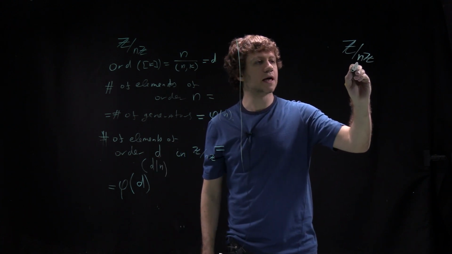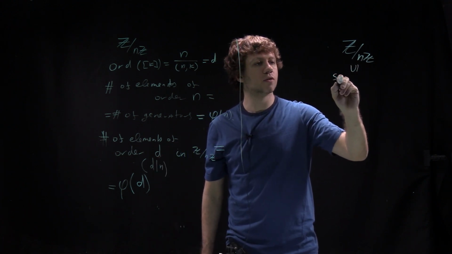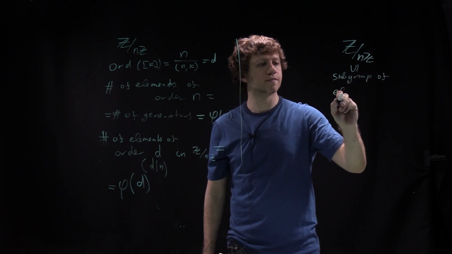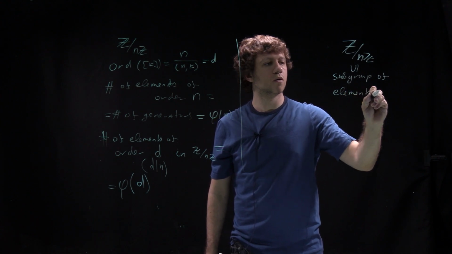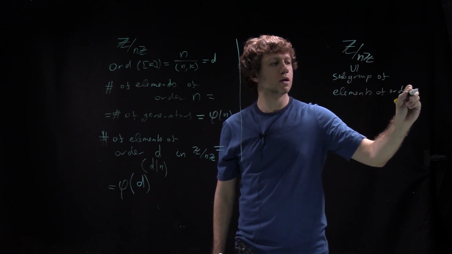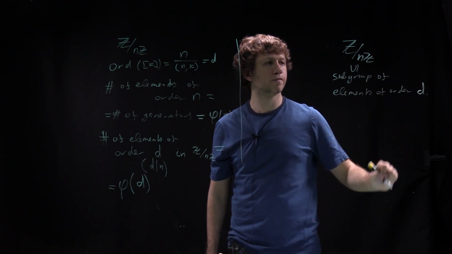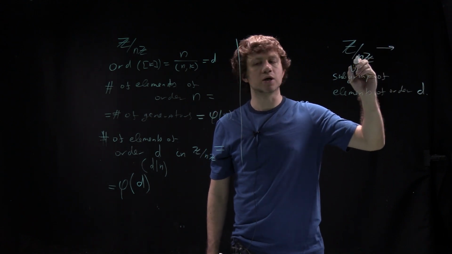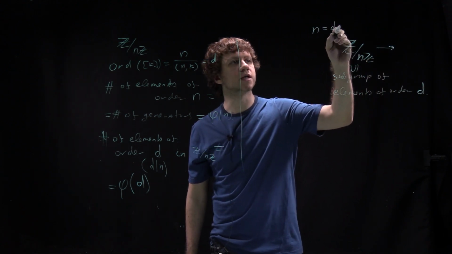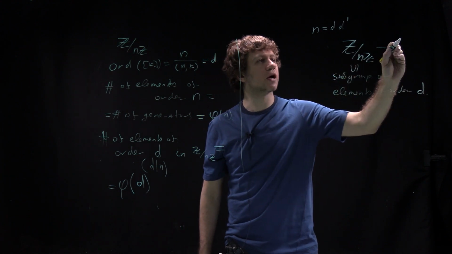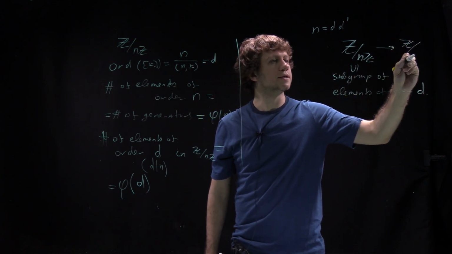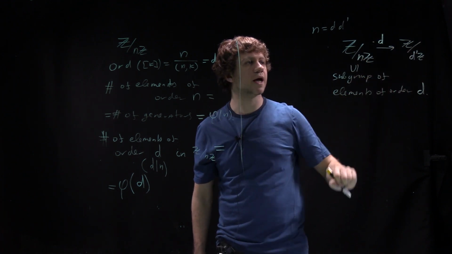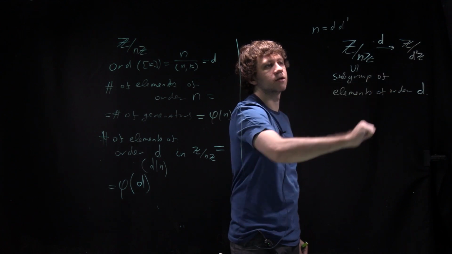So let's look at the subgroup of elements of order d. So d divides n, and let's suppose that n equals d times d prime. There is this map from Z over nZ to Z over d prime Z, and this is just multiplication by d. So multiply every remainder by d, you will get a remainder modulo d prime.